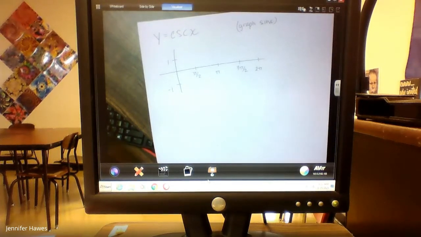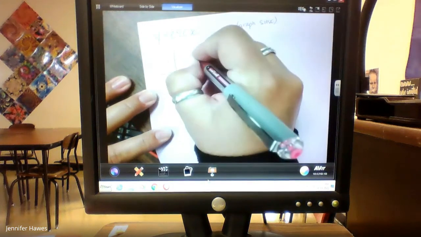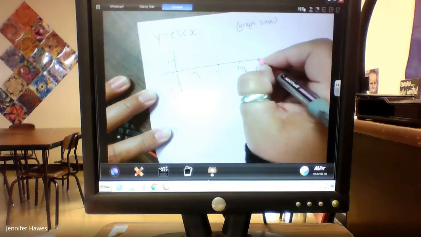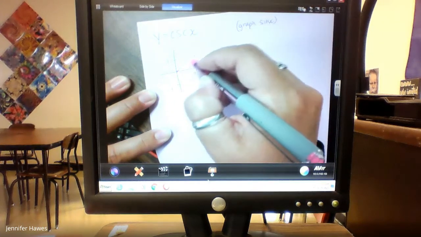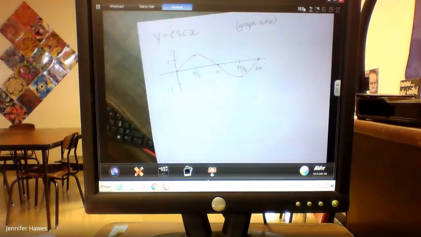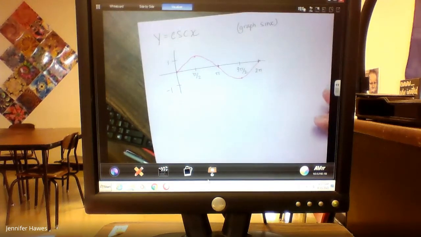Okay, so if you were to graph sine, I'm just going to use this different pen here. This is what it would look like, correct? Okay, but this is why I tell you to do this, just because this makes it so much easier.